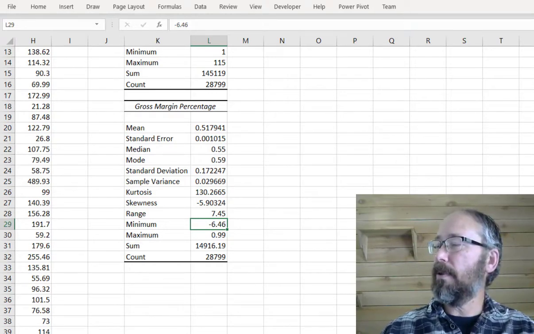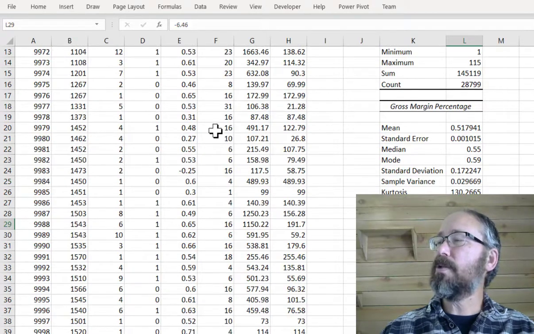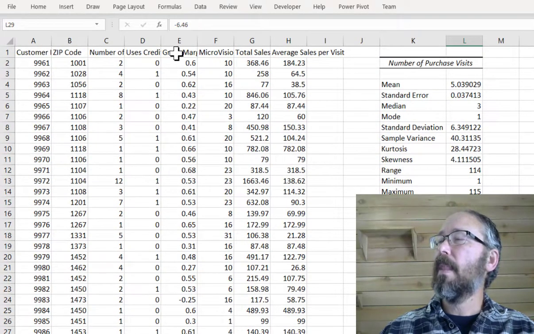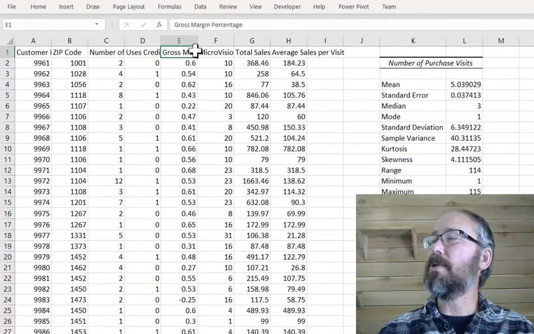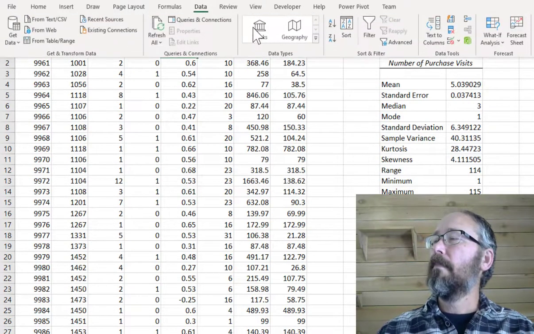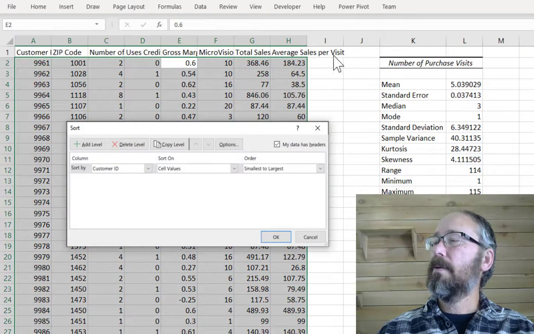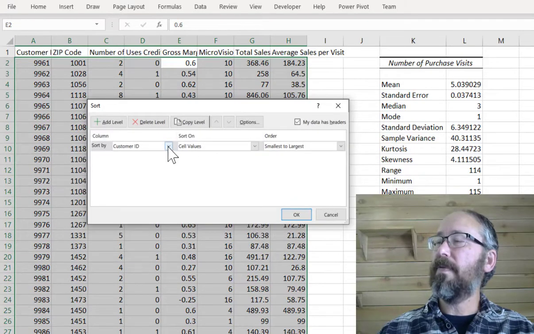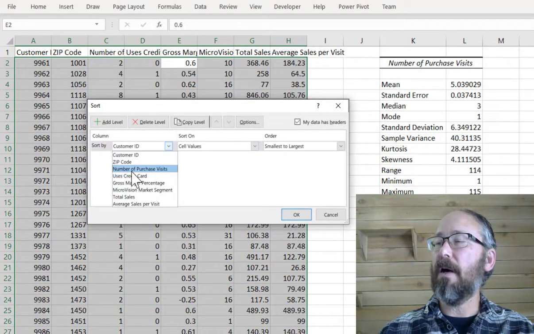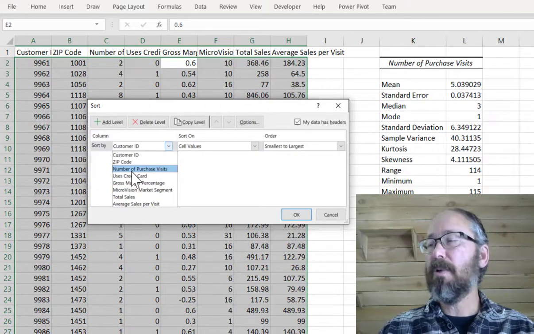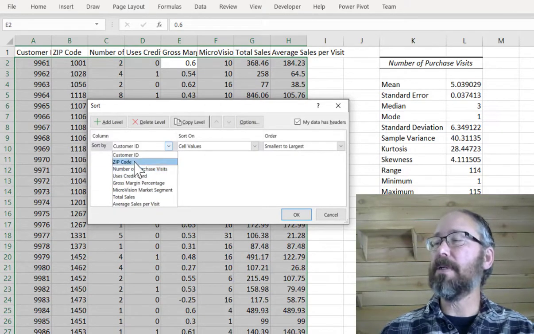Let's explore it a little bit more by sorting. Let's sort by this gross margin percentage. You can see that the attributes have full names, which are long, but they're very helpful when you're doing something like this.